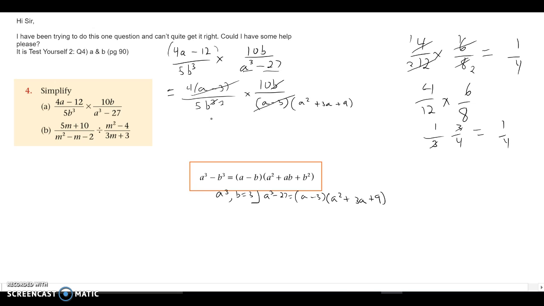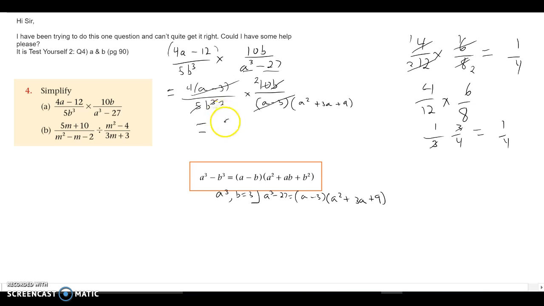I think that's about all the common factors I can cancel out. So what are we left with? Now I just multiply across. 4 times 10 would be 40. So my number is 40. Maybe I can do this: I have 5 and 10. 5 goes into 10 two times, so I've canceled out the common factors with 10 and 5.